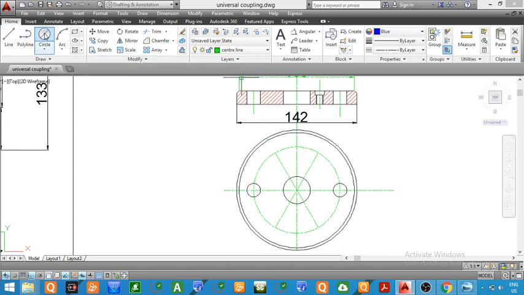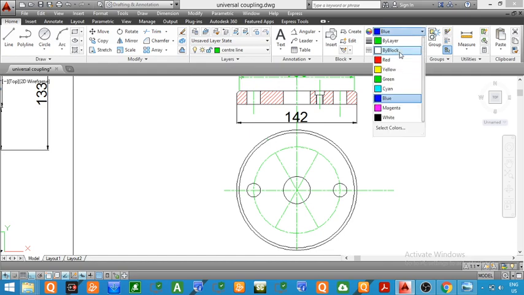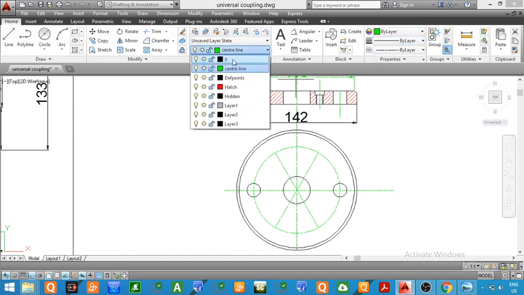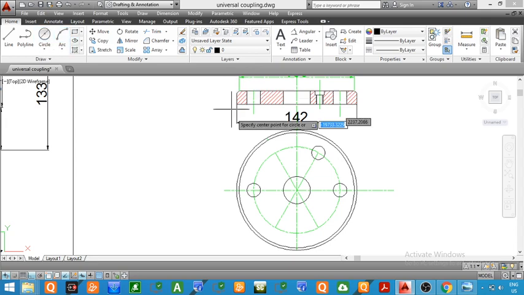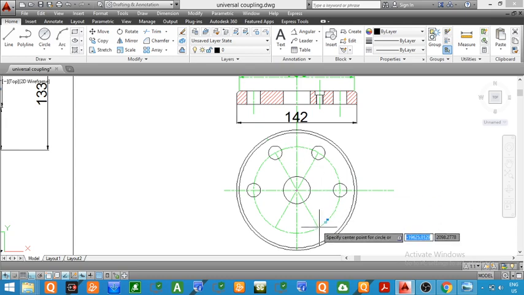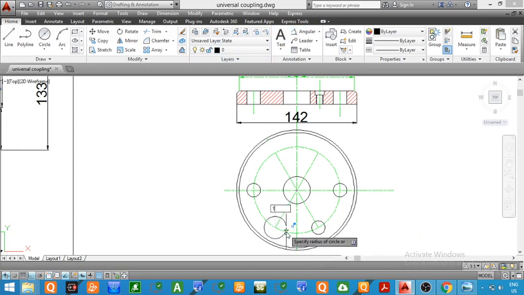Now we will draw the top view of the holes. That will be nothing but a circle of diameter 16 mm. So here we will draw circles of diameter 16 mm. Second circle, again we will draw a circle of diameter 16 mm. Again with this center we will draw a circle of diameter 16 mm. Again with this center we will draw a circle of diameter 16 mm.